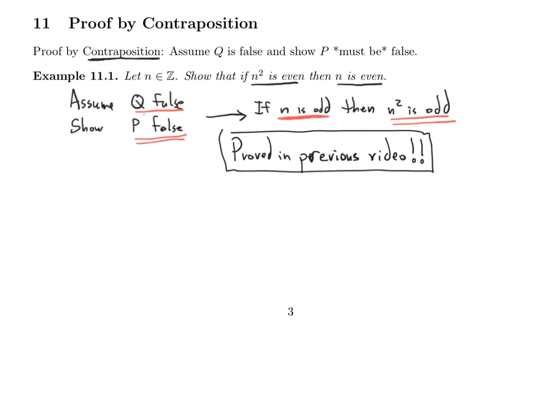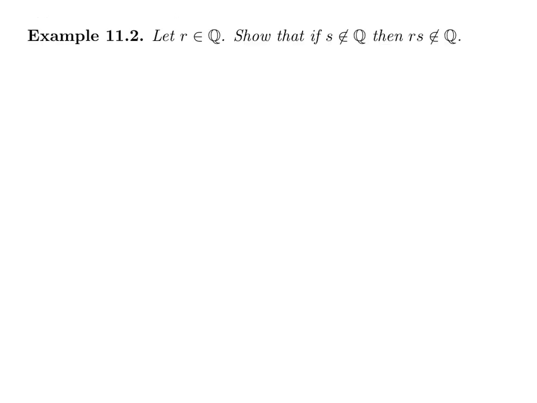Let's do a couple more examples. Let's try this one. We have some number that is a rational number. Okay, so that's just set. And we want to show that if s is irrational, then r times s is irrational. So let's set this up.